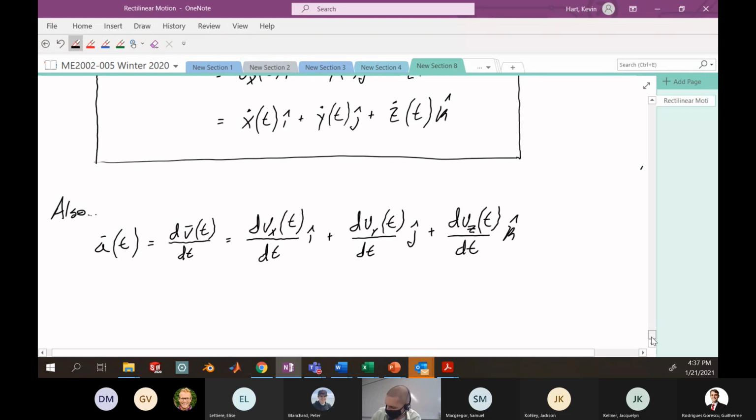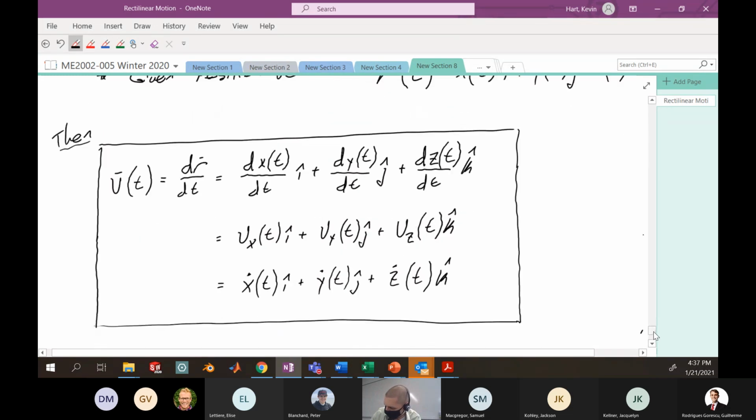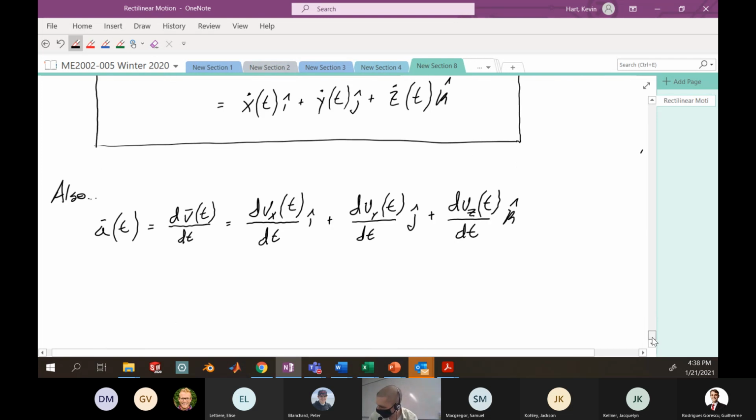I'm not going to write it, but you could make the substitution here that Vx is dx/dt and make this like d squared x/dt squared, so you'd have a second derivative. I'm not going to write that one. That's kind of beating it a little too much to death.